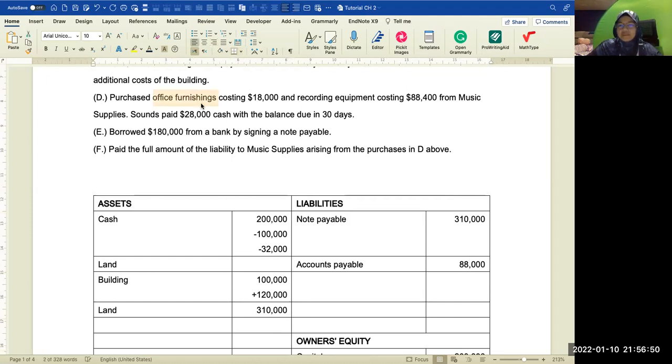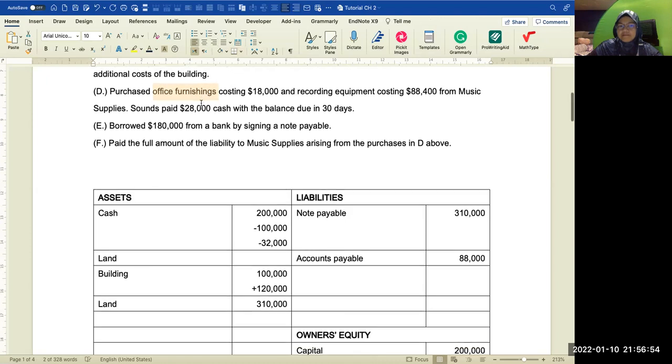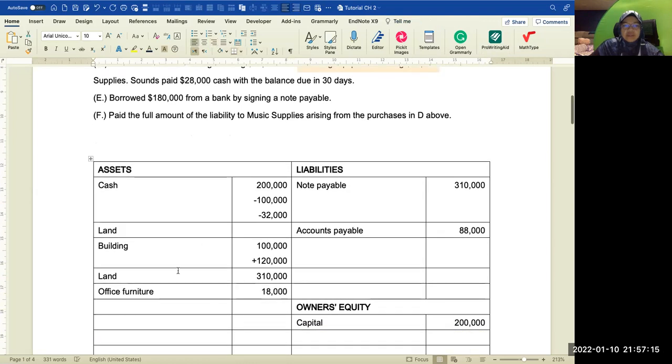Okay, for this one, purchase office furniture costing at the asset amounting of 18,000. So you put asset, office furniture, 18,000. And recording equipment cost 88,400, I think.